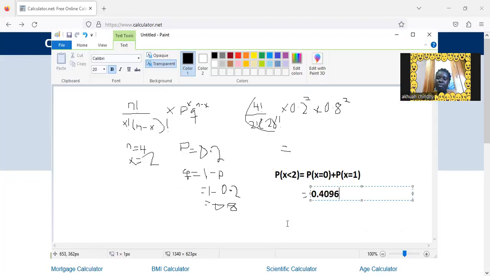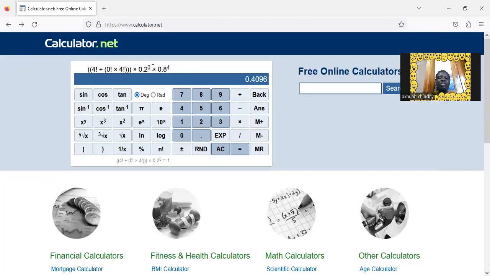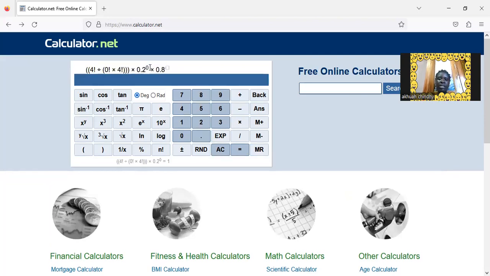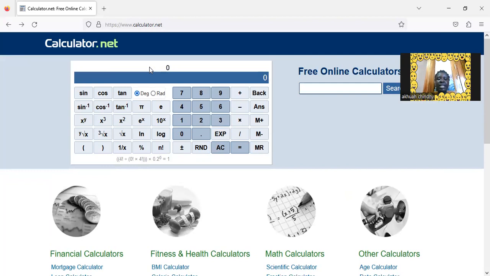Plus, so now it comes to the probability of x equal to 1. So here it will no longer be 0, but it will be 1. I don't know why I'm not able to change it, so start again. Alright, it's all good because it will help to keep the formula in the mind.